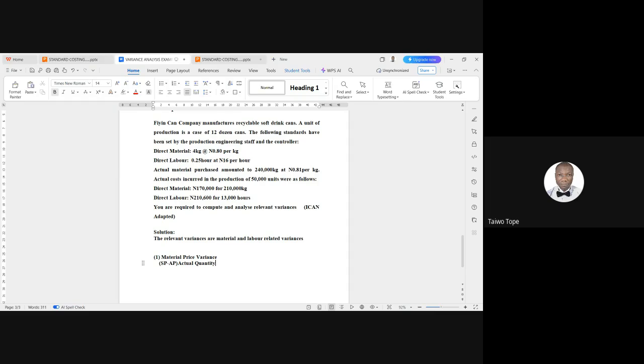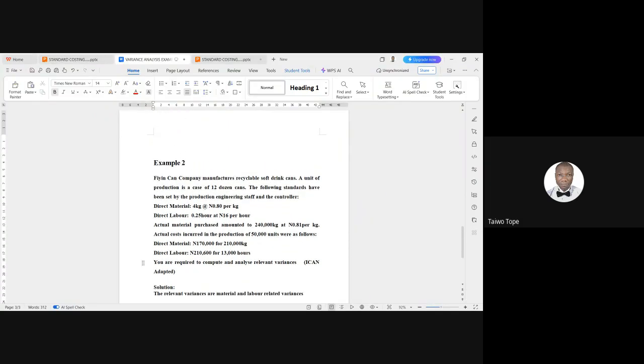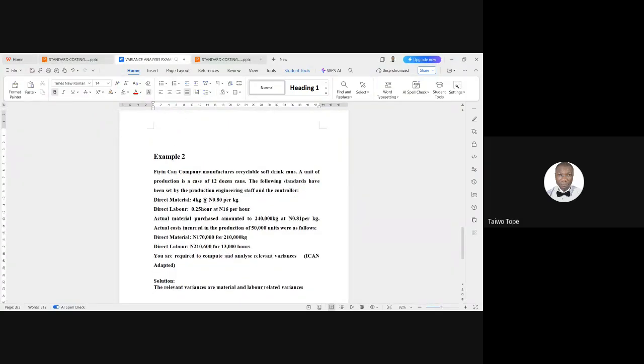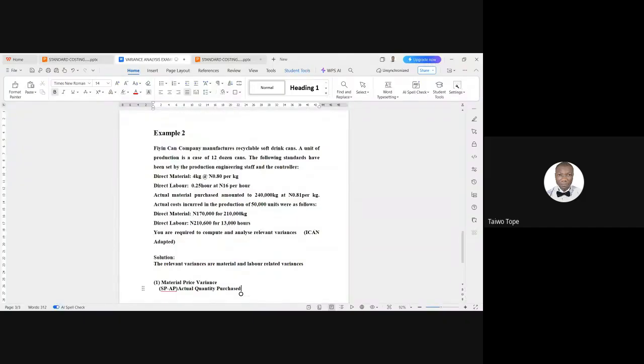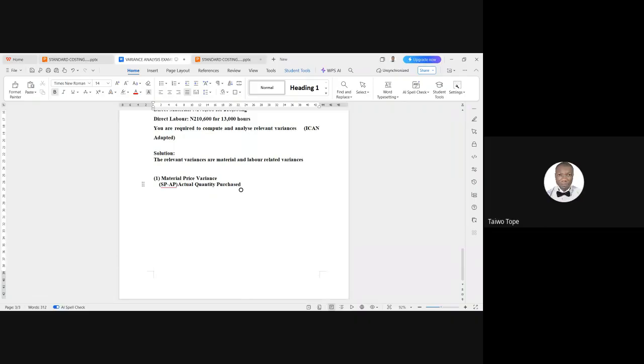Actual quantity purchased. So based on the question, what will be your standard price in terms of material? 80 kobo, 0.8. Very good.